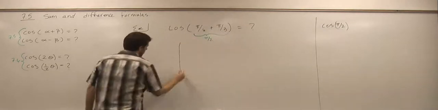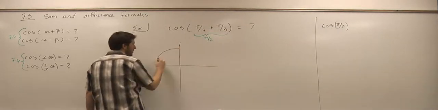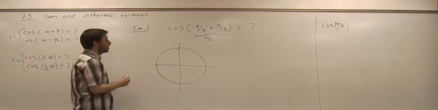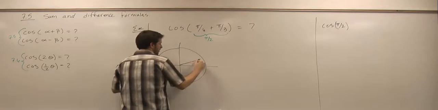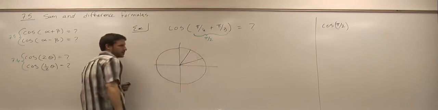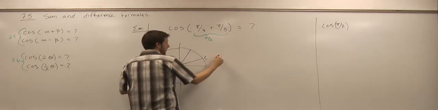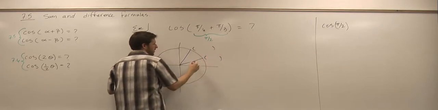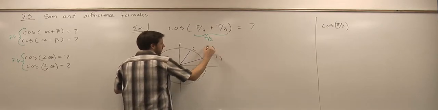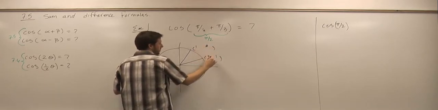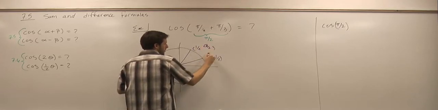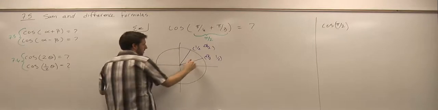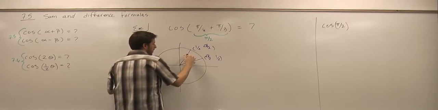So I want to draw you a motivating picture here. On the unit circle, where's pi over 6 and pi over 3? 30 degrees and 60 degrees, first quadrant, right? And you know the sine and cosine values. So this is pi over 6, pi over 3.